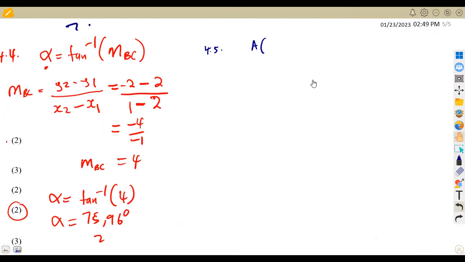I'm just going to write it here: -2, 1. The line we are talking about is perpendicular to BC. We know that for two perpendicular lines, the product of their gradients should be -1. The product of the first gradient and the other gradient is going to give us -1.